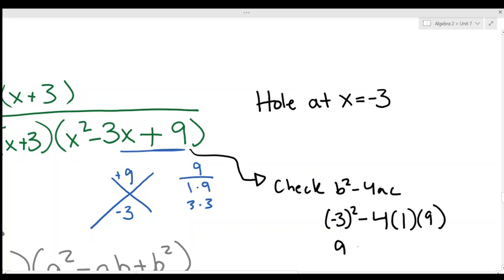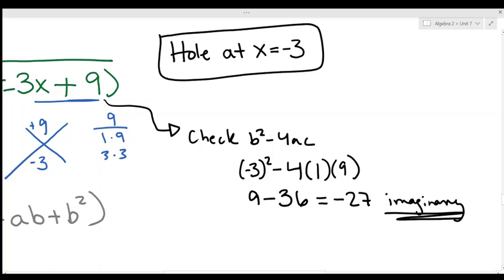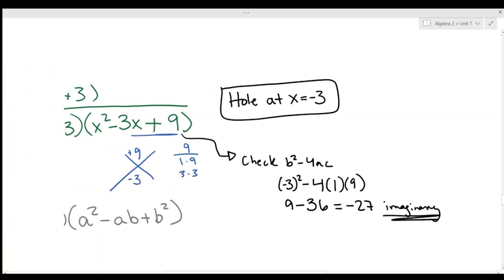We get 9 minus 36, and that equals negative 27. So that means we're going to get an imaginary number. So we don't have a vertical asymptote anywhere. So we only have a hole at x equals negative 3.